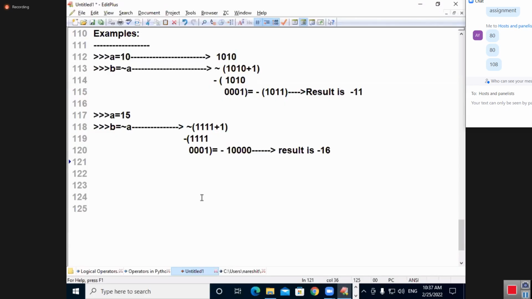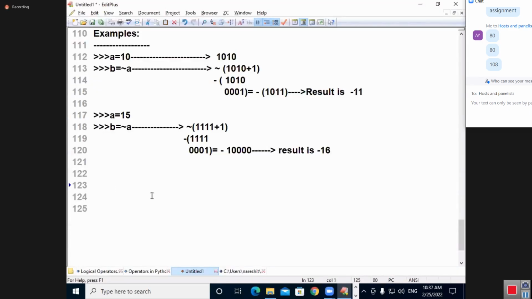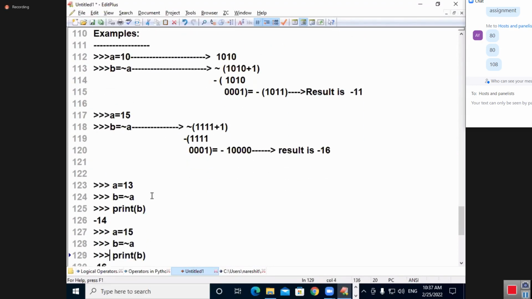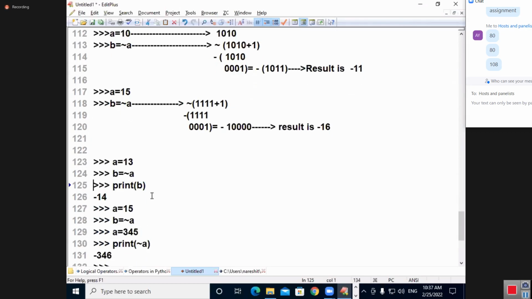So, coming to this point, I hope this is done. In this case, 13 and 14 are done, and 16 is also done. And other kinds of values are like this.